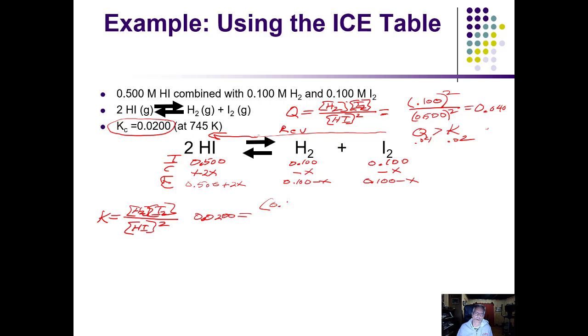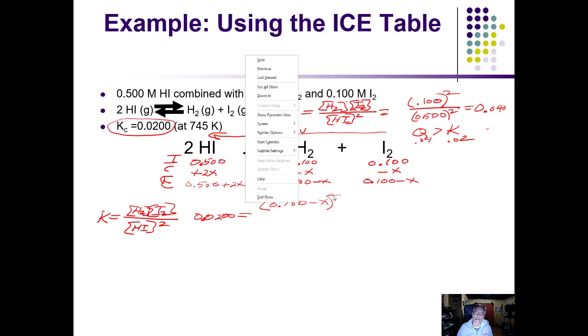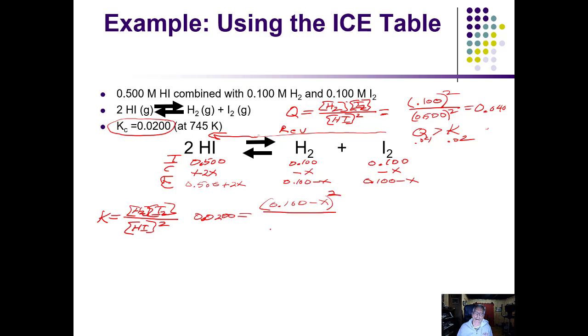So that's going to be 0.100 minus x squared. Okay. And I'm going to divide that by 0.500 plus 2x, and that's also squared because of the coefficient of 2.